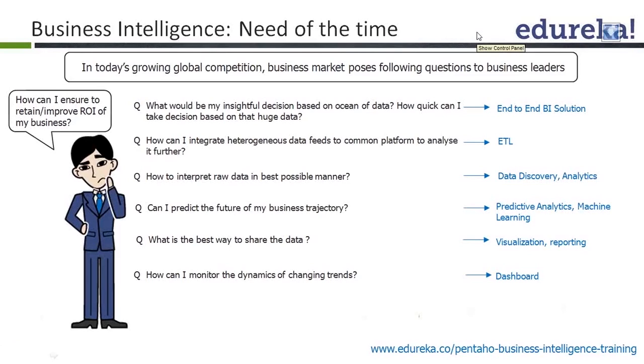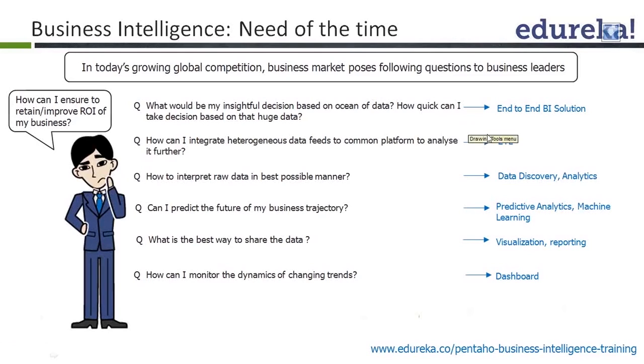Then the next layer: what is the best way to share the data? Somebody is working in reporting, somebody, okay, visualization. I'm not sure what type of visualization you or that person is working on. So in reporting or in data sharing, what is the best way you can share the data?